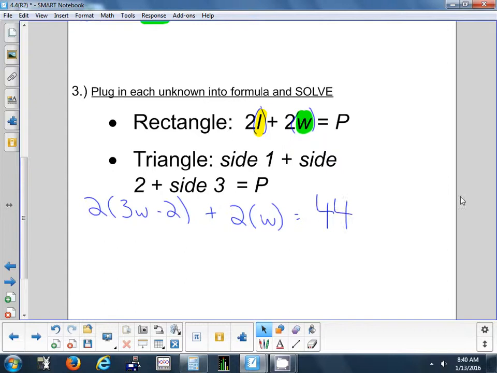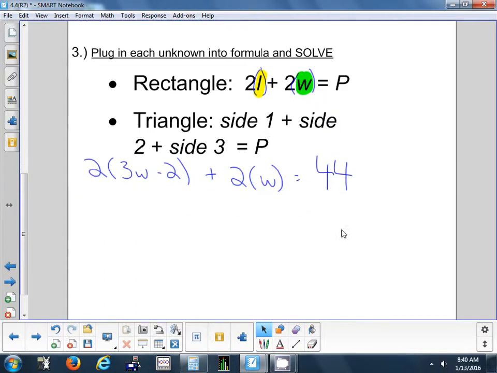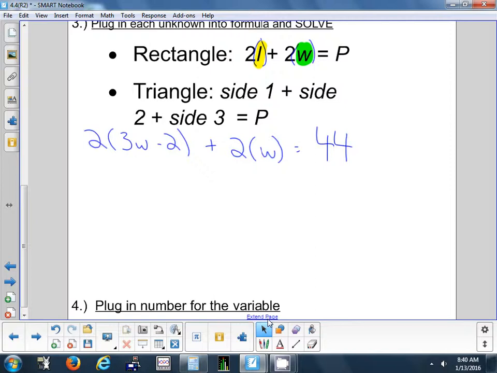Now, I have parentheses in there. With those parentheses, what am I going to have to do? Distributive property. All right? What's distributive property mean? What math operation? Multiplication, right?